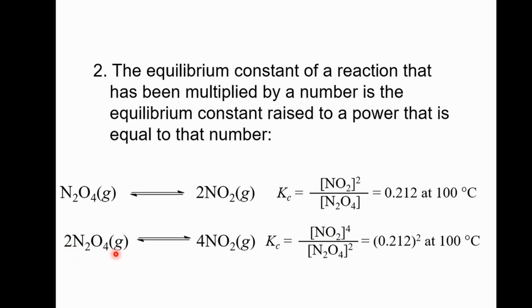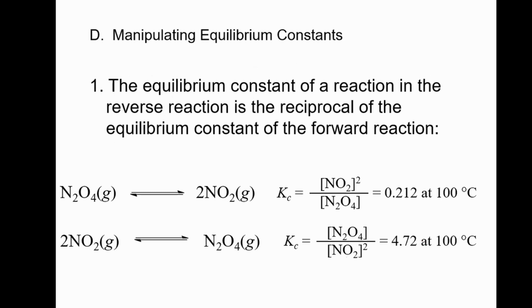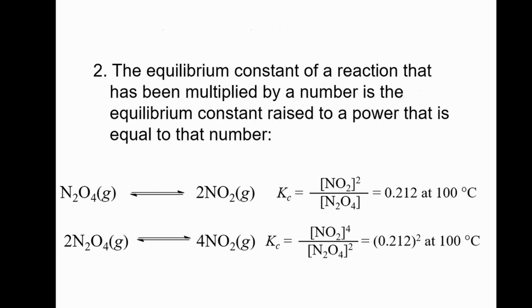But now, due to our convention, this law of mass action, we got to raise this to the 4th power, raise this to the 2nd power, and we can see mathematically it's probably going to take this answer and square it. So flipping things around, we have the reciprocal relationship. Multiplying by a number, we're going to raise the equilibrium constant to that number.